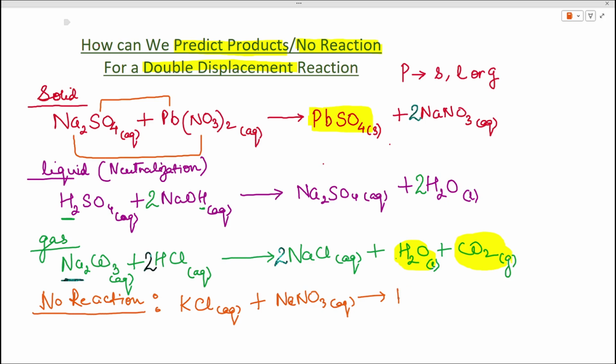So in this case, it is going to be a no reaction, and the reason is, if you write a net ionic equation for this reaction, all the spectator ions are going to get cancelled out and you will have nothing in the net ionic equation.